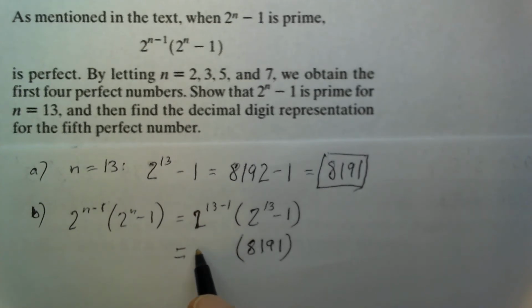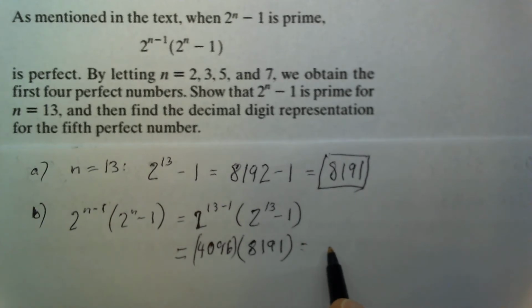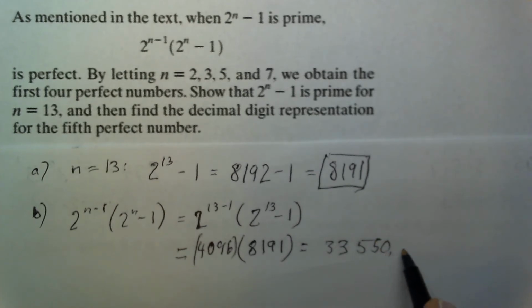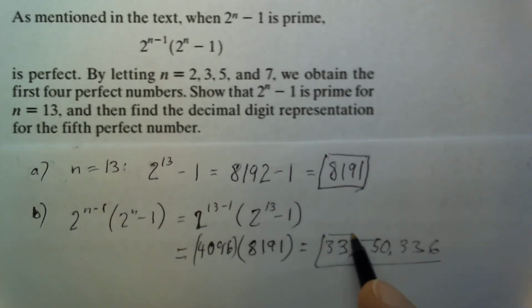And 2 to the 12th is equal to 4,096. So when we multiply these two numbers, we get the number 33,550,336. So that is the fifth perfect number.